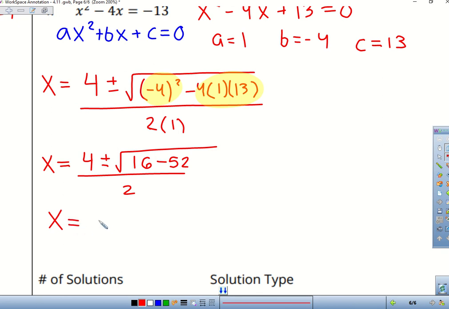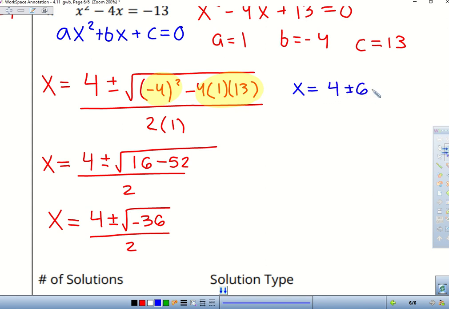That gives me x equals 4 plus or minus the square root of negative 36 over 2. So what is the square root of negative 36? What happens when you take the square root of a negative? Imaginary, 6i. Good.